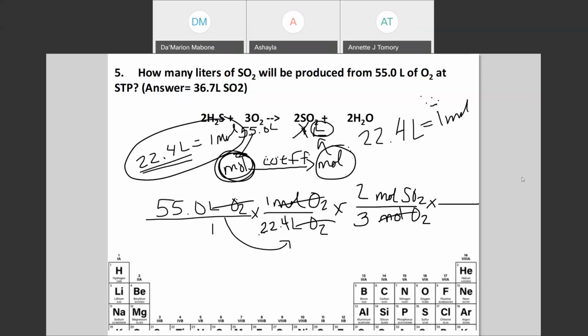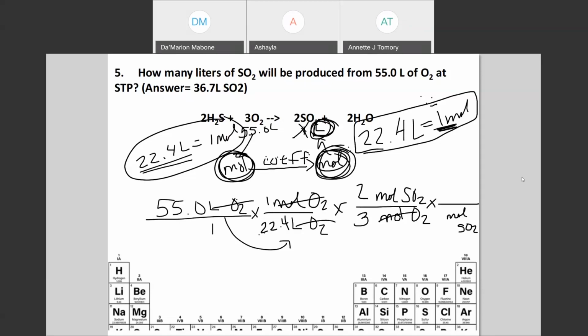Now for my final line, they've asked me to go to liters of SO2. So I'm right here in the lower right-hand corner. I need to get up to liters. What do I use for that? 22.4. So I have moles of SO2 on the top. What do I put on the bottom of the next one? Moles of SO2. What number goes with moles of SO2? Once we use the coefficient once, we never use it again.